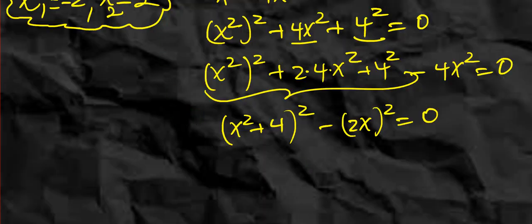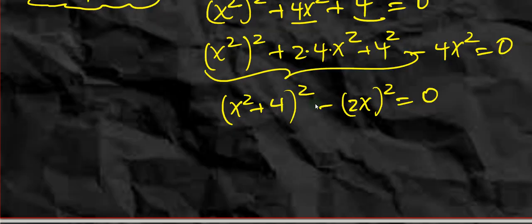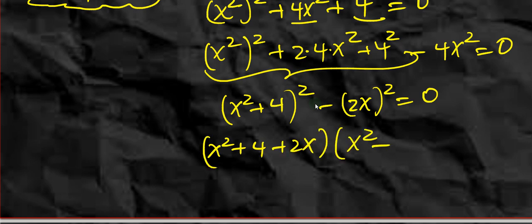Okay, so now what we have here, we can turn this into a product again. This product now is going to be x squared plus 4 plus 2x, which multiplies x squared plus 4 minus 2x, and then this is equal to 0.